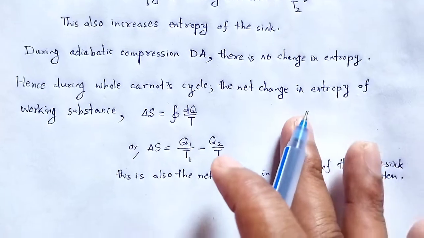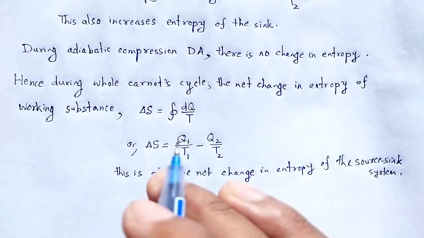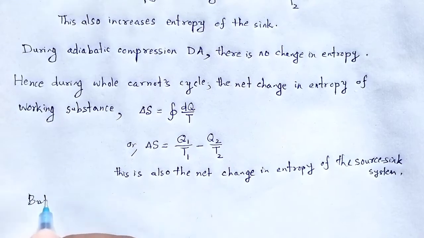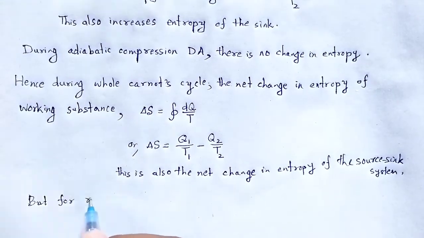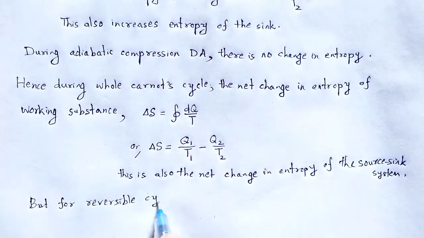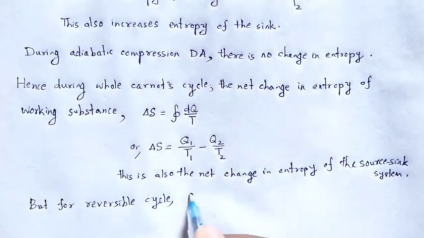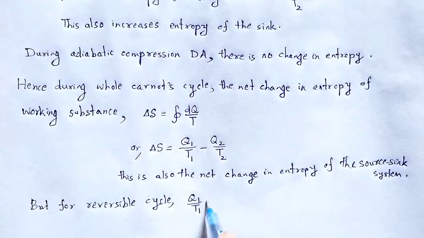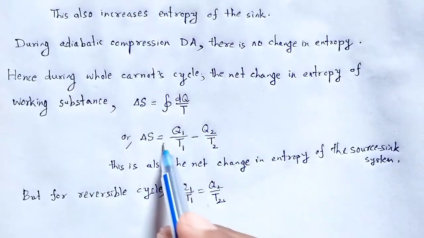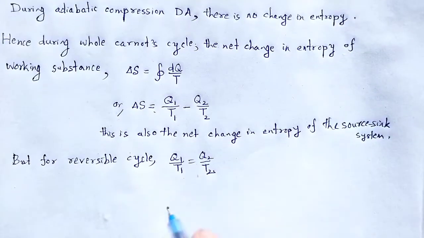Now we know that for a reversible cycle, Q1 by T1 is the same as Q2 by T2. So del S will be how much? 0.